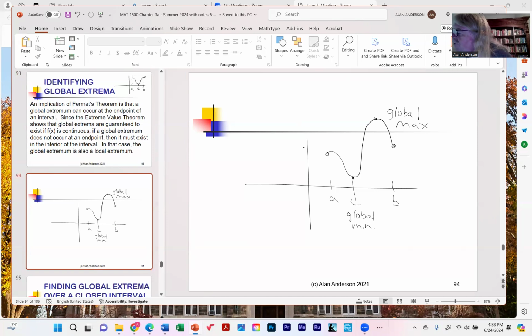Okay. So in other words, neither endpoint in this case is a global maximum or minimum.